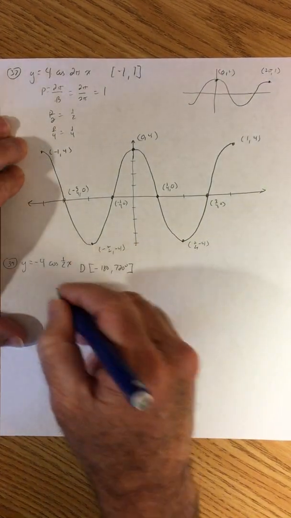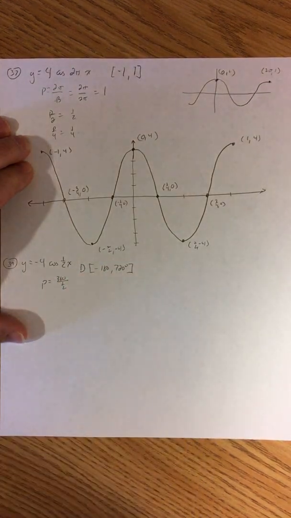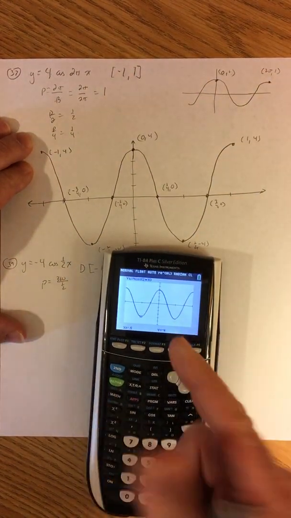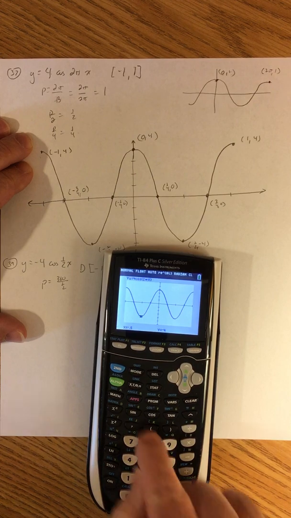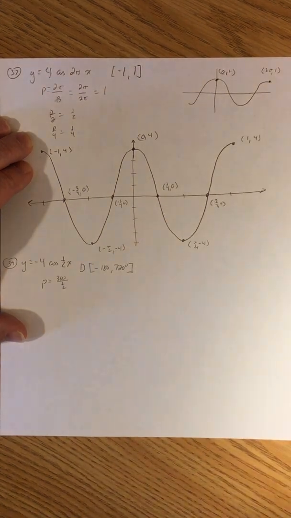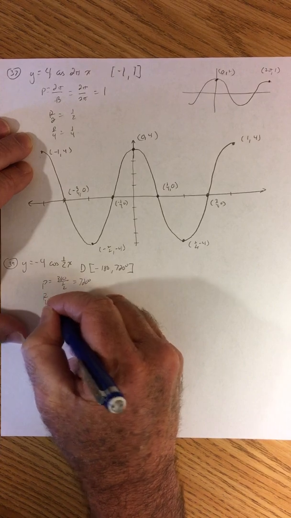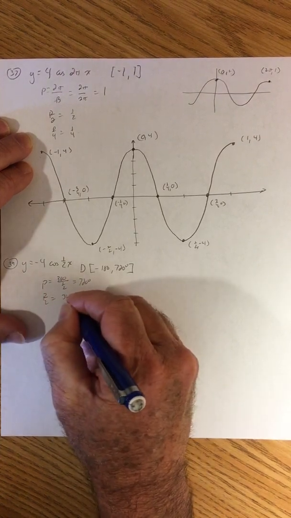First of all, we find the period, which is 360 divided by 1/2. Now, you can always do 360 divided by 1/2 by calculator. If you're not comfortable dividing by fractions, that's 720 degrees. Half cycle, 360.